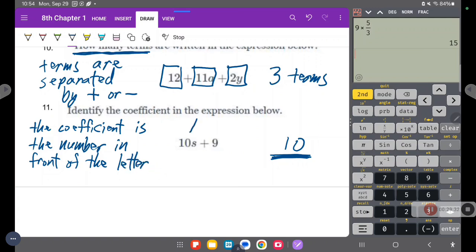So right there, S is your variable. So 10 is the coefficient. I've tried to use that word a lot so that you're getting used to it, I hope. But that's what that is right there. So 10.